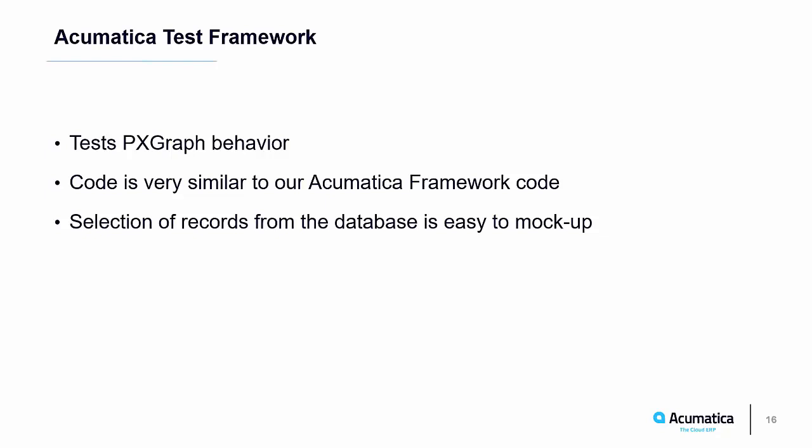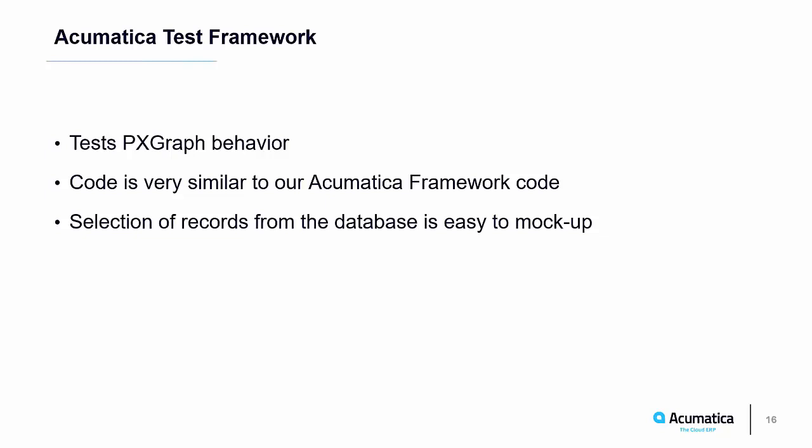It may be split between different attributes, and it is not really easy to isolate it. So the minimal piece here, the unit that we are going to test with our test framework, is usually PXGraph.